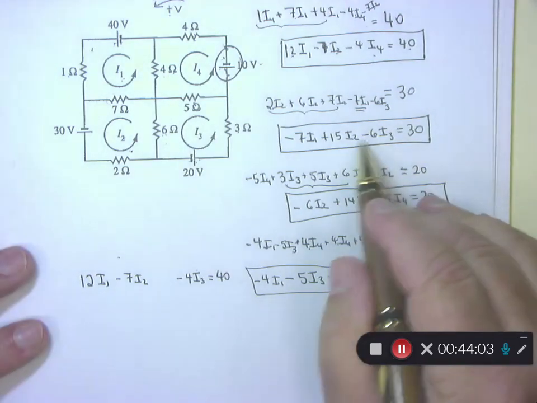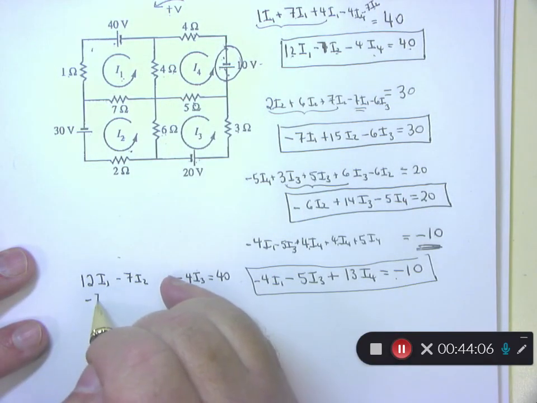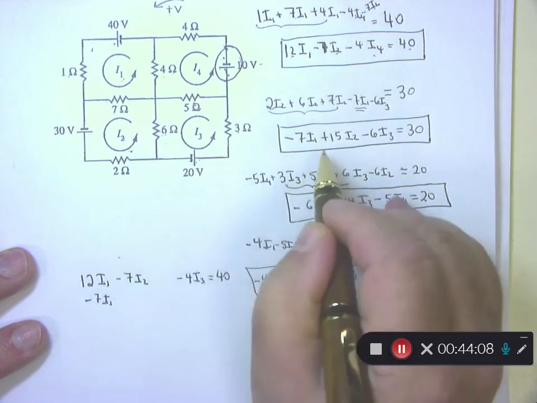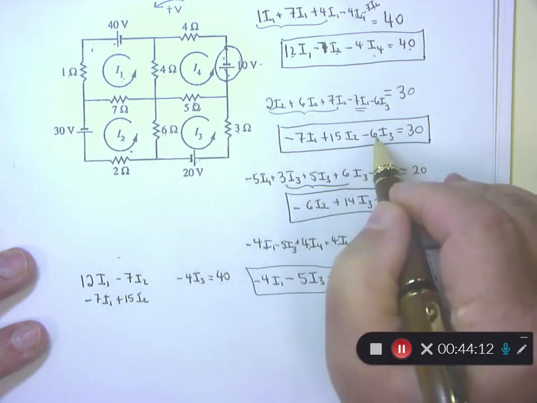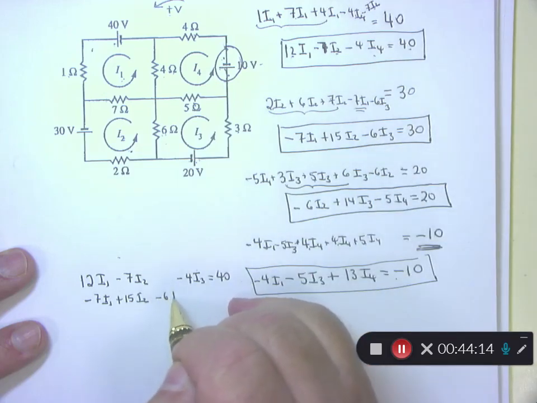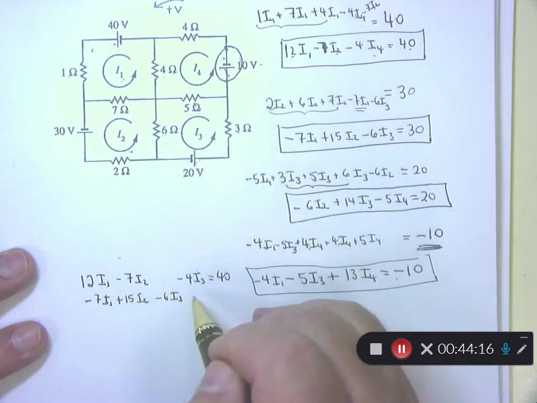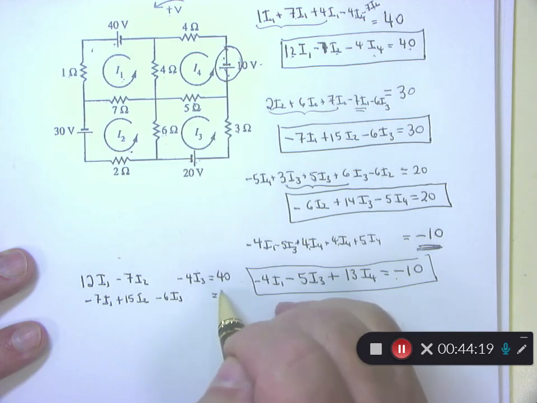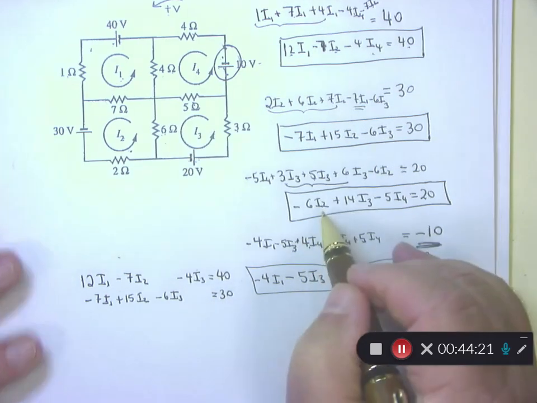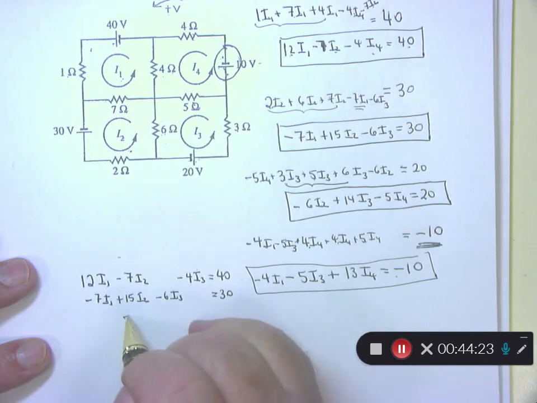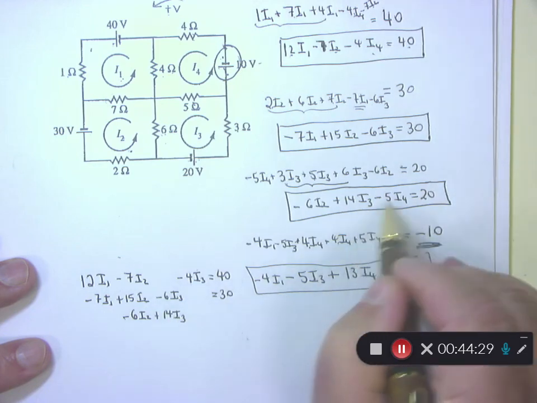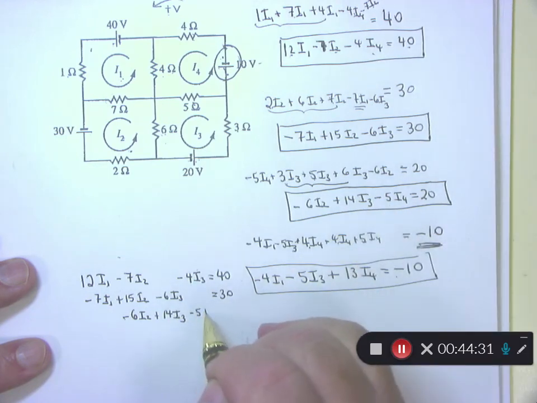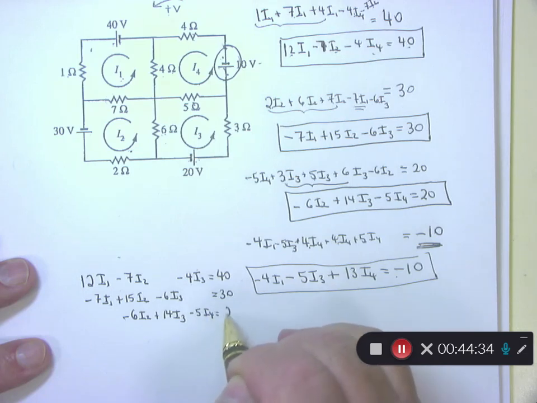From the second equation, I have negative 7 I1 plus 15 I2 minus 6 I3, and I am trying to line these up, but that's equal to 30. From the third equation, I got negative 6 I2, there was no I1, plus 14 I3 minus 5 I4, but that's equal to 20.